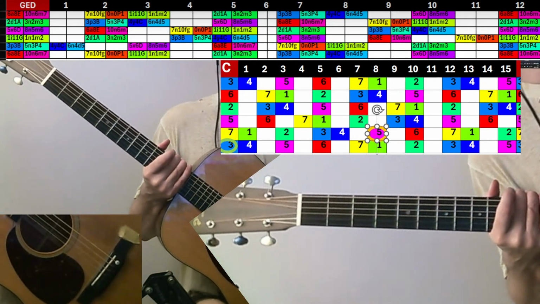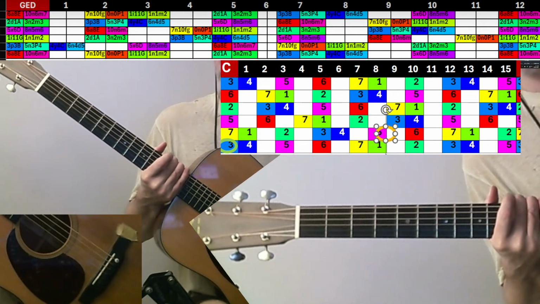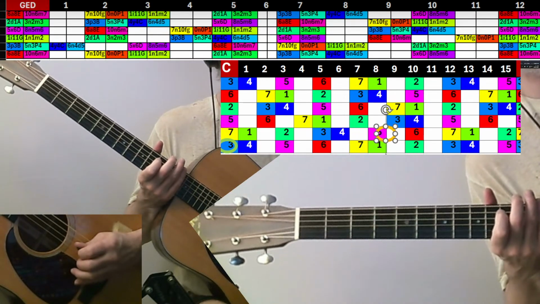And I can smear that one this way. Let's get the smear going the right way this time. This way. So if I was down here, that's nodal point number 8.